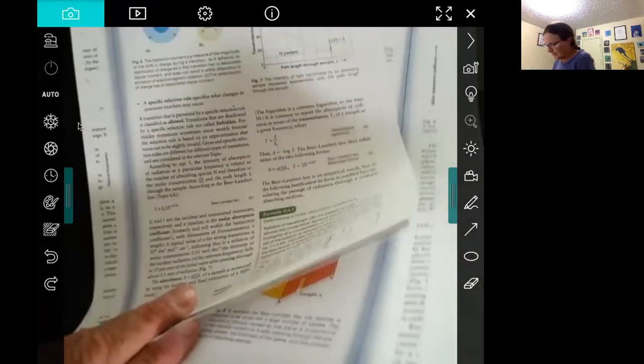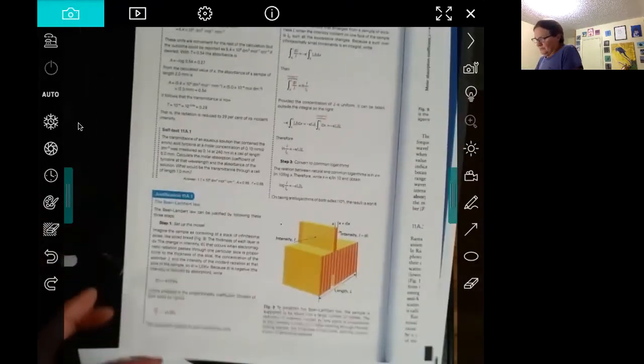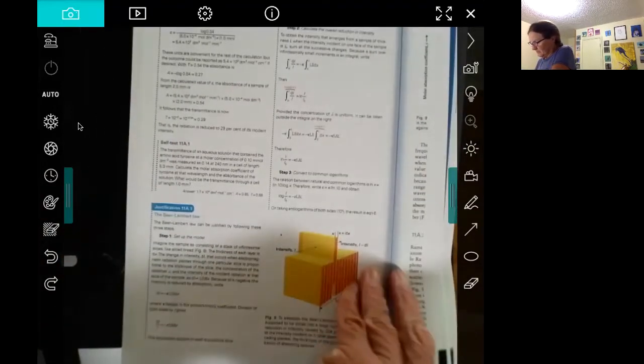If you look at this example, it's fairly straightforward, just keeping your units straight.